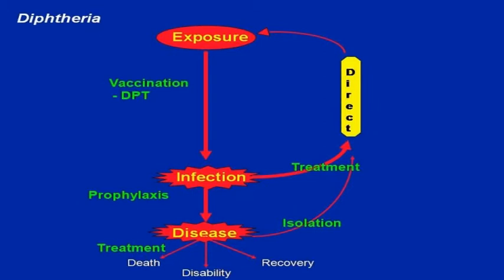This vaccine coverage, I think, is quite high in this country. And also we have some prophylaxis, and also sometimes it's very good to separate healthy children from infected children, which is a form of isolation. So we have several points to cut this cycle in order to control diphtheria among the human population.